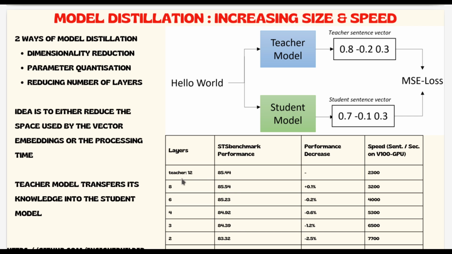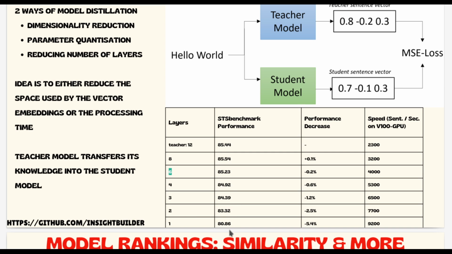So you see here the teacher model is giving an 85.44 benchmark, but the student model, which has only 8 layers, is giving a comparable performance. Yes, when the layers are reduced, the performance reduces, but even then it is more than 80%. So this is one of the key points that we need to understand when it comes to model size and model speed.